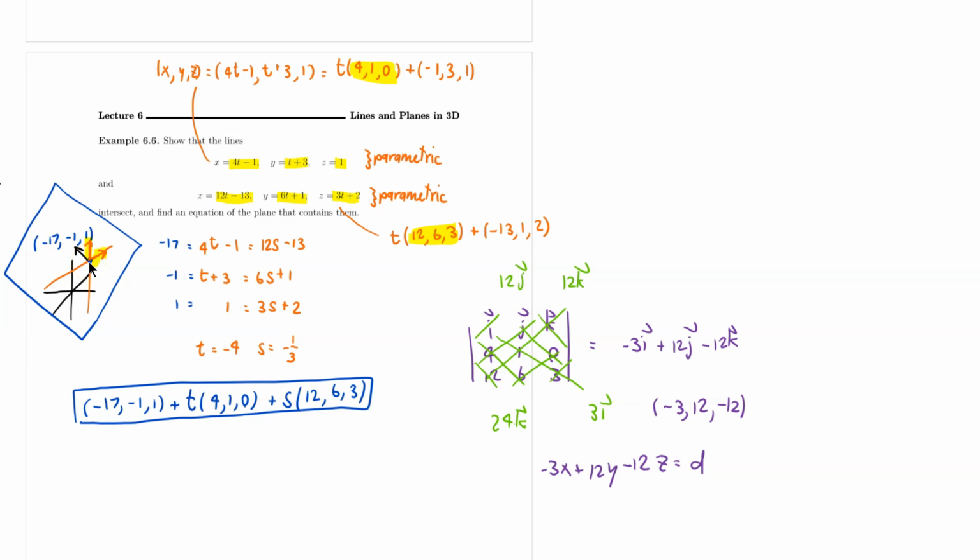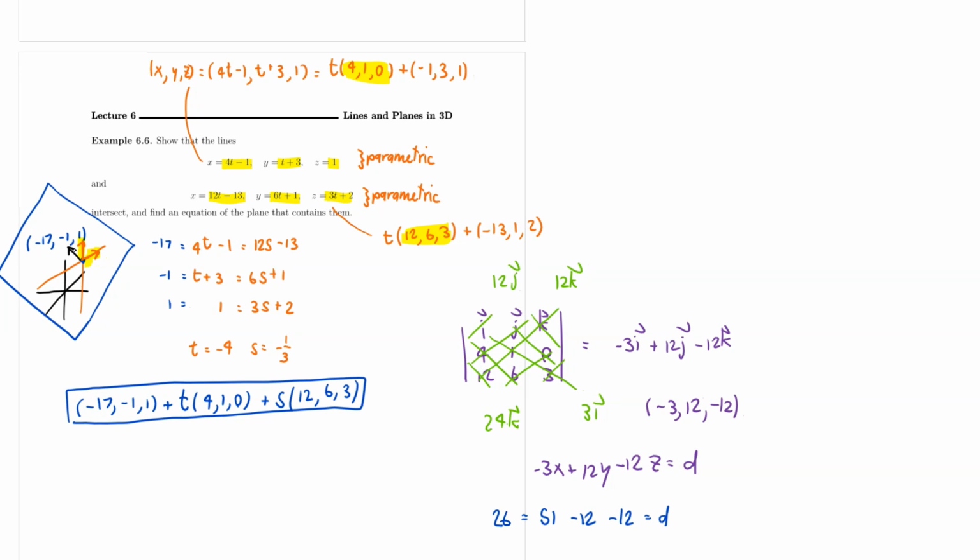So what I'm gonna have is negative 3 times negative 17, so I'm gonna get 51, plus 12 times negative 1, so I'm gonna get negative 12, and then minus 12 times 1, so that's a minus 12 as well. So I'm gonna get that my d is gonna equal 51 minus 24, so that comes down to 27.